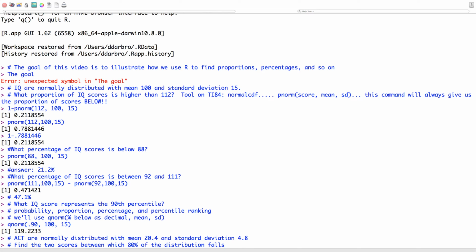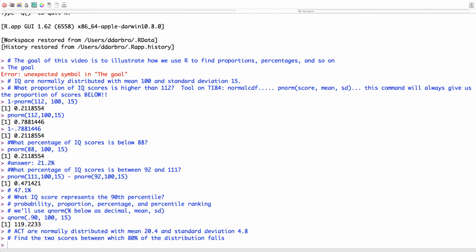If 80% of the distribution is explained between these two values, then 20%, 100% minus 80%, is unexplained. So that has to be the areas in the tails. Because of symmetry, half of that 20%, namely 10%, has to be in the left tail, and 10% has to be in the right tail.